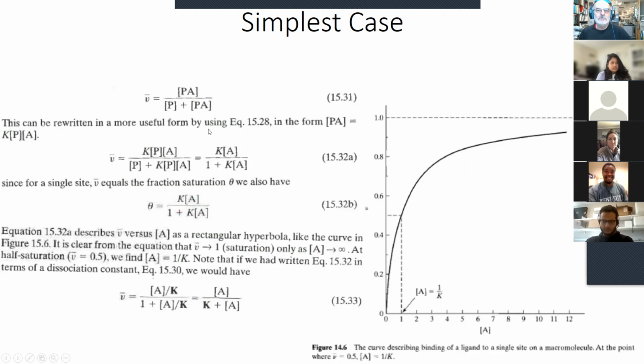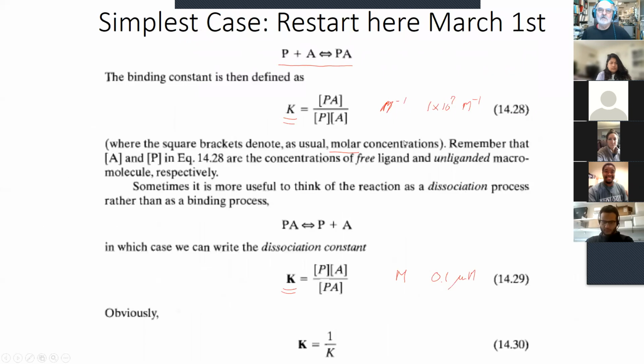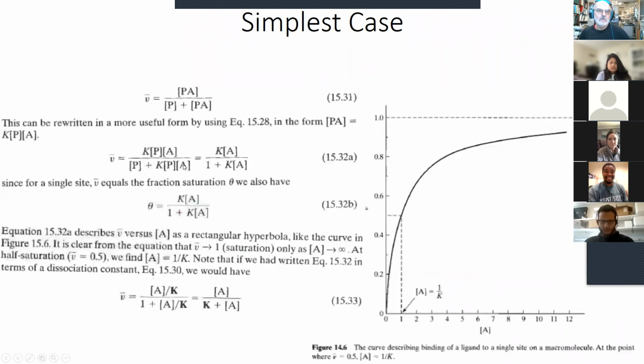And then if you substitute PA equals K times P times A, this comes from the previous equation where you bring the P and the A to the left, and then you substitute for PA. Okay, so when you do that, both in the numerator and in the denominator, you have P in all three terms, so the P's can all cancel.